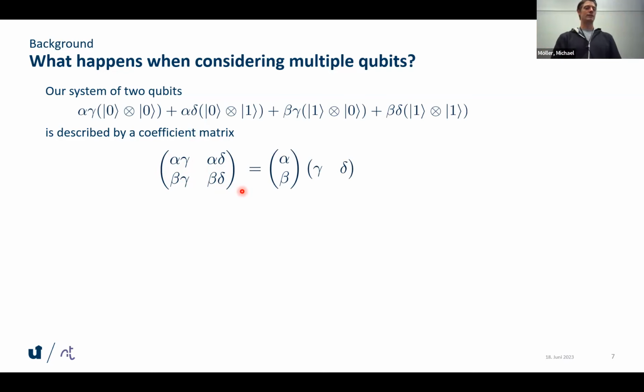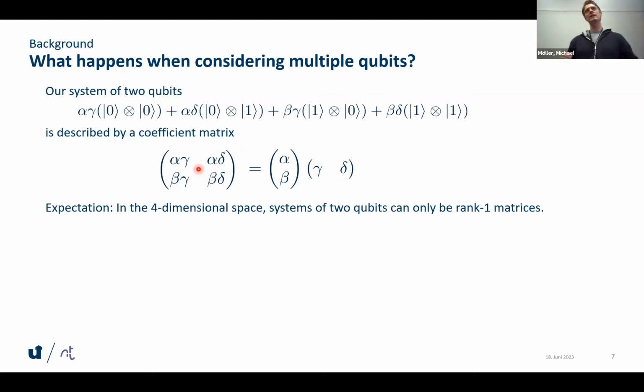So I described the state of these two qubits by a 2 by 2 matrix, but I've shown you that this matrix is always of rank 1. Right? It's a vector times a vector, an outer product. We all agree that's a rank 1 matrix. And I have made no assumptions on these qubits, so it will always be rank 1.